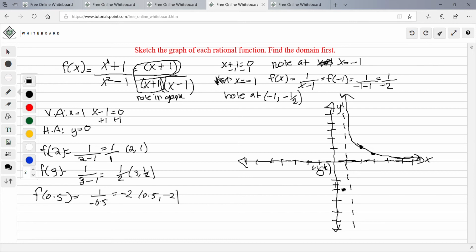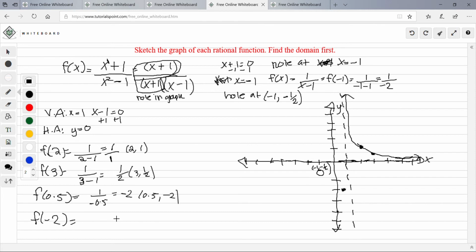Okay, I still don't know how it's going to look. I assume it'll go like this because that's our horizontal asymptote. I'm not 100% sure, so I'll just put another point. I'm going to try negative 2.